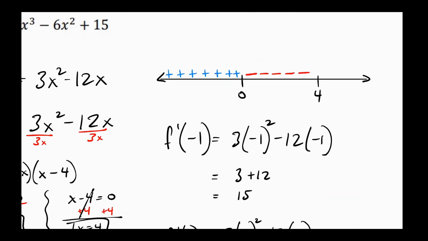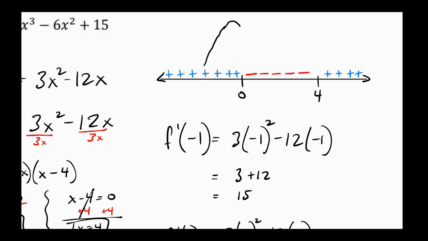Positive. So I'm going to put pluses over here. So anywhere I have a plus means I got a positive derivative. And if it's a positive derivative, that means the function was increasing. So it was increasing before 0.